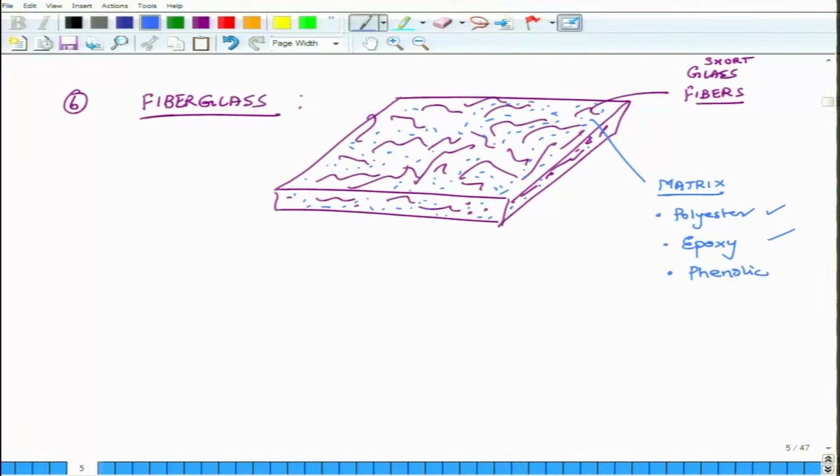So, what they do is they have a gun, they have a pipe through which fiber comes, and it is sprayed on an area where you want to make a fiberglass board. So, you spray it, and through another pipe high viscosity fluid, which is matrix, also comes, and then you give it the shape you want it to be in, and that is how a lot of times fiberglass boards are made.